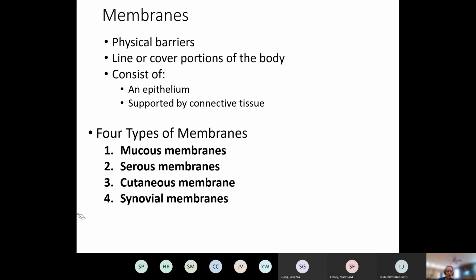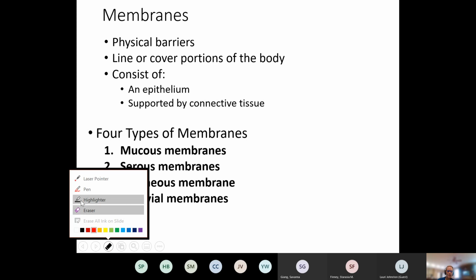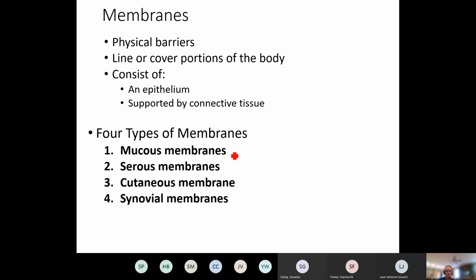All right, so that leaves our mucous membranes. And we will have a variety of mucous membranes. There can be simple columnar type, there can be simple cuboidal type. They are usually going to be some type of epithelial tissue, but embedded with that epithelial tissue will be these goblet cells.